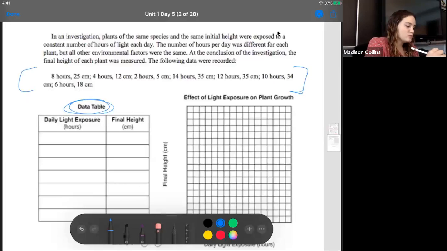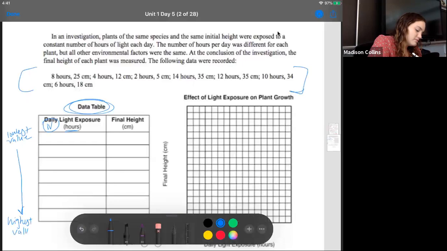So when I say numerical order, set it up according to your independent variable right here. So these values, here we're talking about hours, should be ranging from lowest value all the way to highest value. And I'll show you what that looks like.